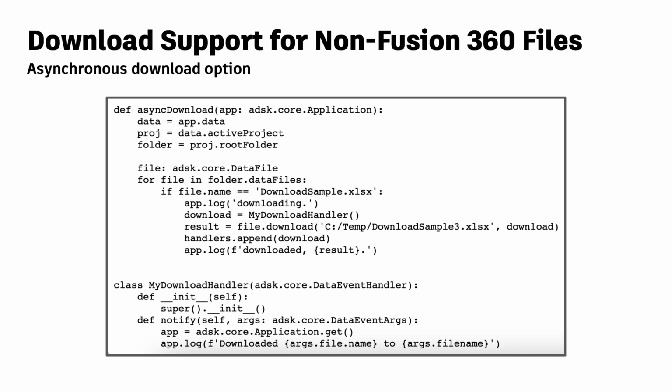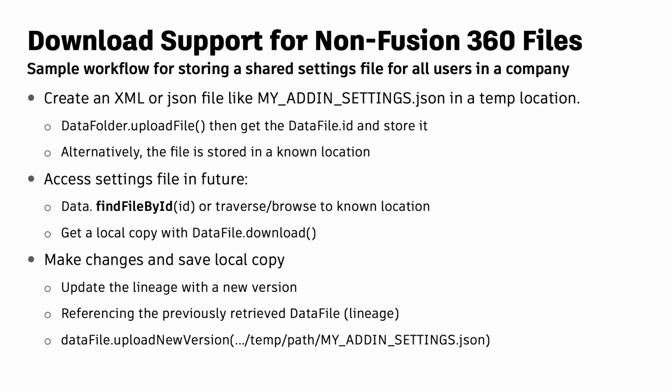And then in both cases, in the settings case, if your app edits the settings, you could always use the regular upload new version function. So to summarize the workflow for creating a settings file that would be used across some customer of yours' entire company environment: basically have your add-in initially create some kind of a settings file, JSON, XML type thing, whatever makes sense to you.